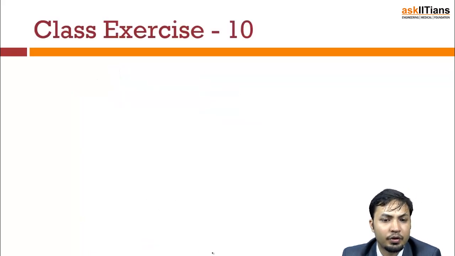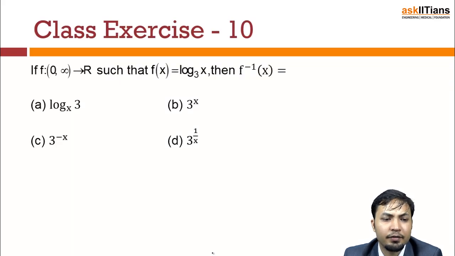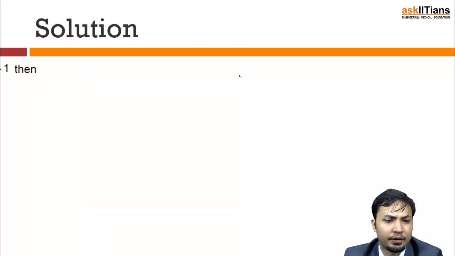Now coming to the next question, this is the final question. I have, if for a function from 0 to infinity to the reals such that my f(x) is equal to log base 3 of x, then I need to find f inverse of x. Now in this part we'll try a little different method.